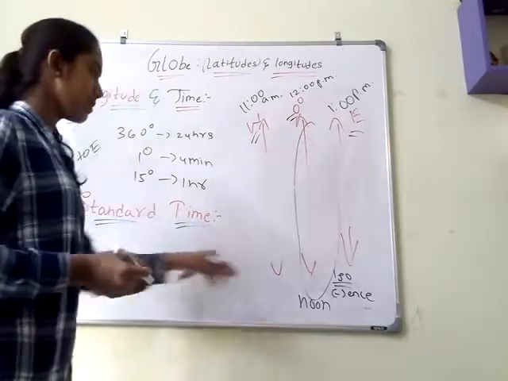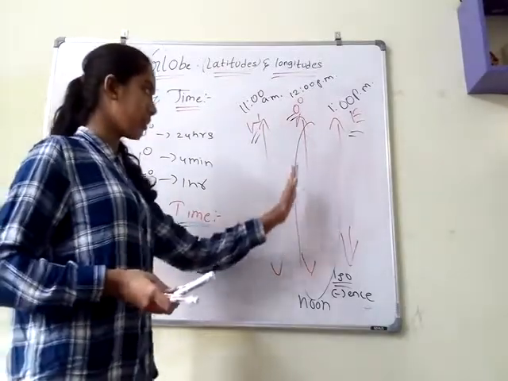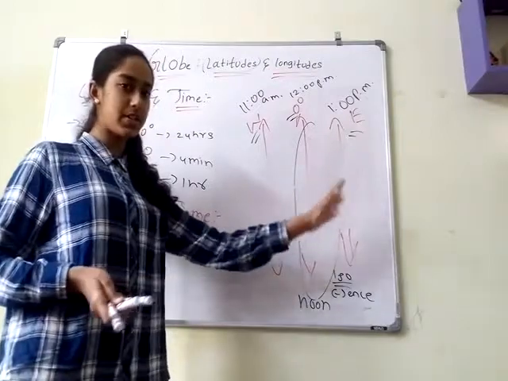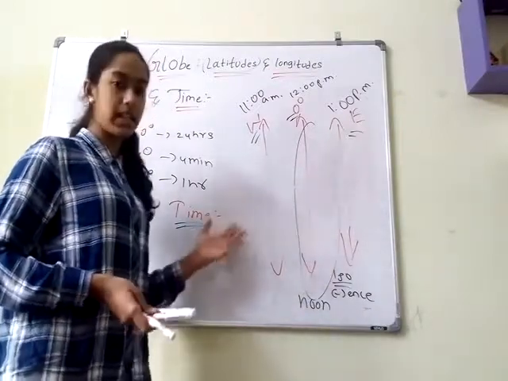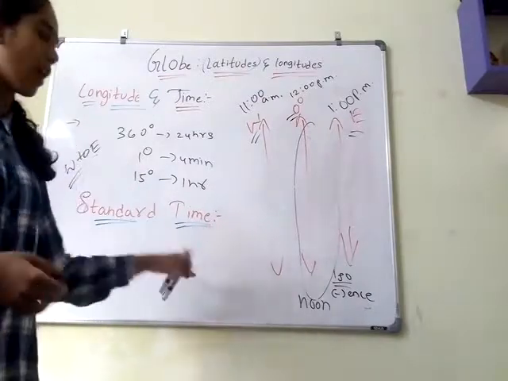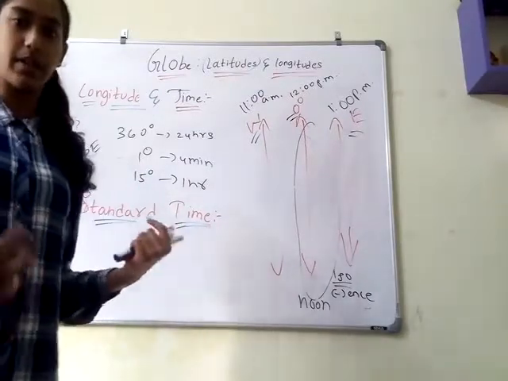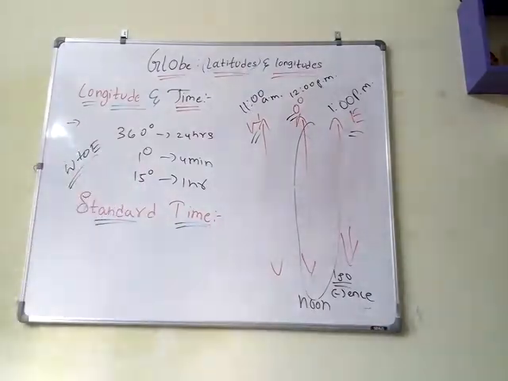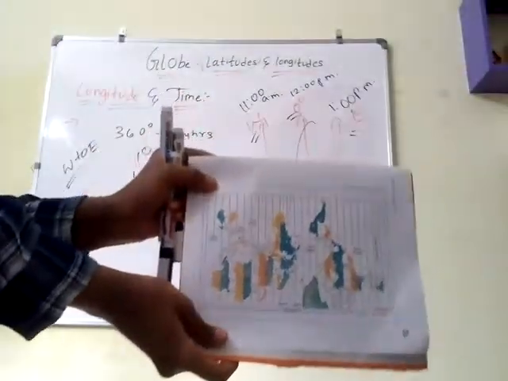Before standard time, just this: the places on the east will be ahead of the Greenwich time, and the places behind will be behind the Greenwich time. Now I would like to show the diagram of how these globes and everything will be. Let me show you. Hope you are able to see this.